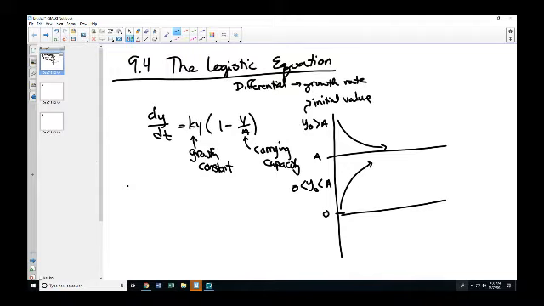Their populations are getting large enough that they're starting to spread, entering areas with no grizzlies now. So that's a funny thing mathematically. But in context, obviously, we can't really have a population less than 0.